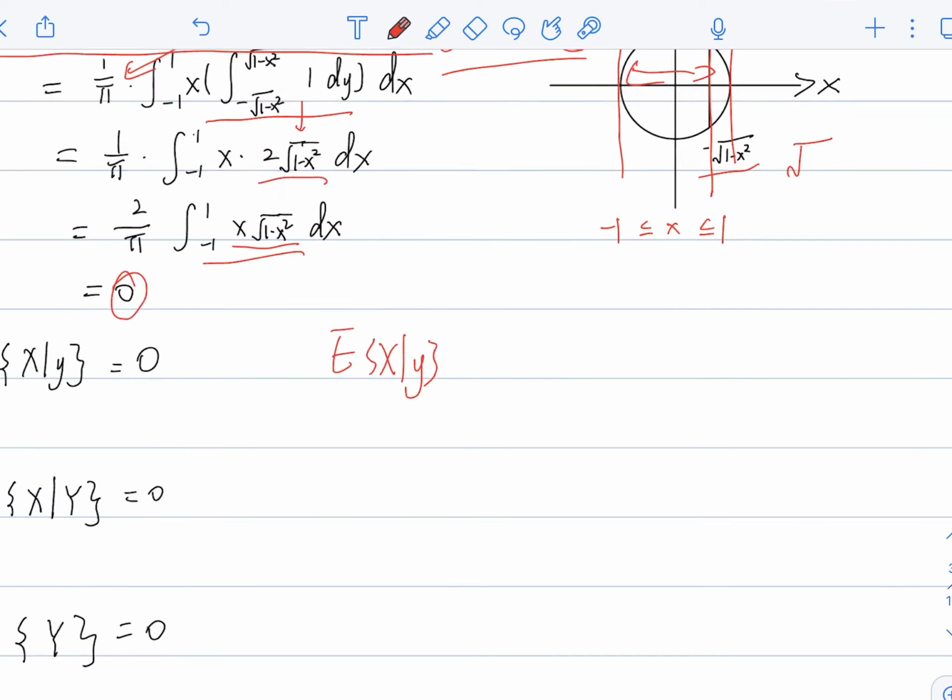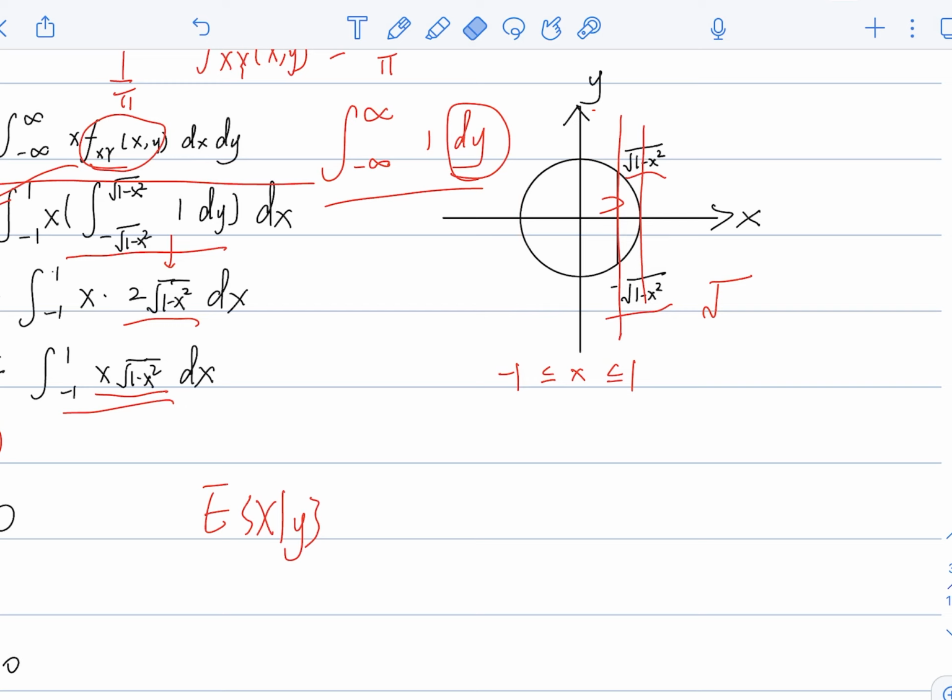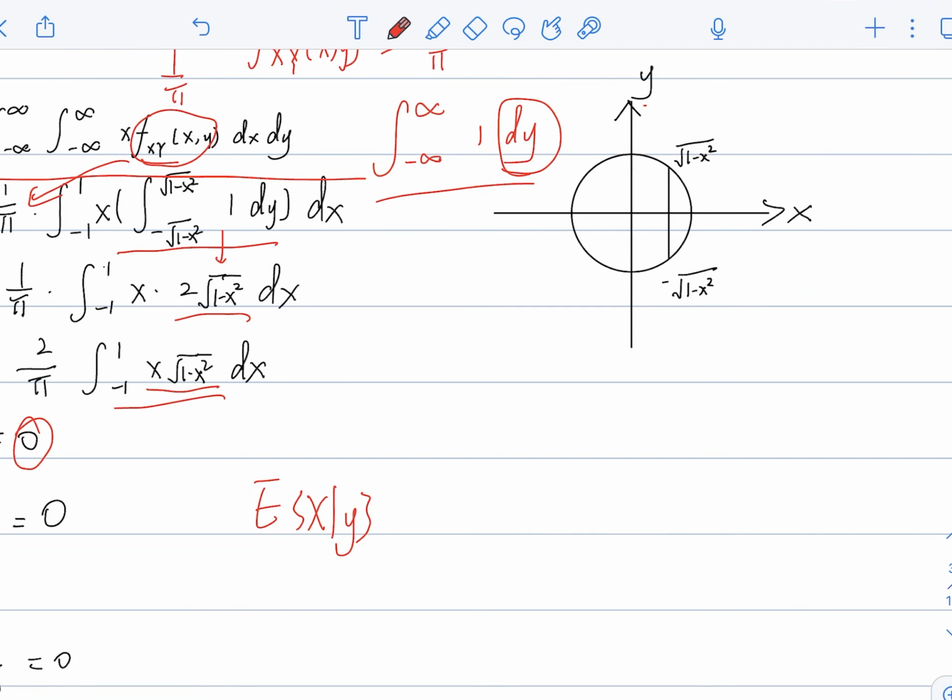From the diagram, it is easy to see that for a given y, the expected value of x is equal to 0, because the average is 0.